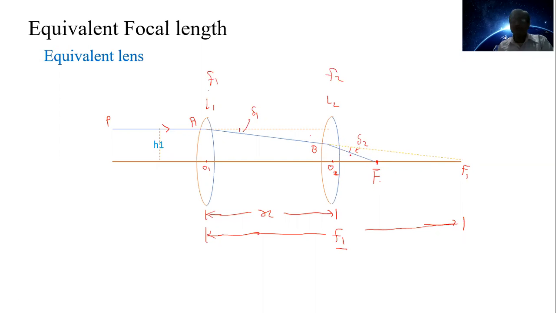Deviation produced due to the second lens is delta 2. Now, the incident ray for this system is, can everyone see the figure properly? Now see, the incident ray for this system is PA.